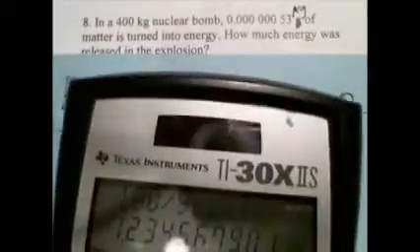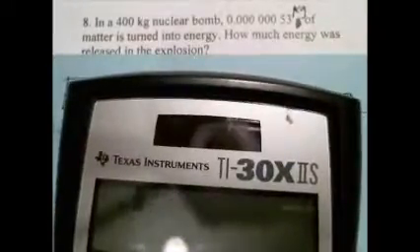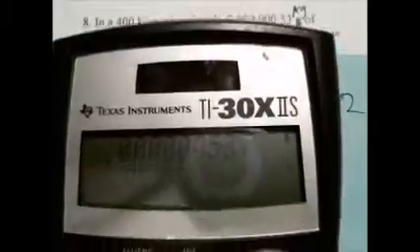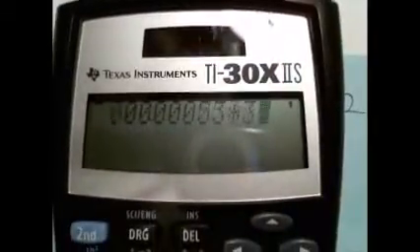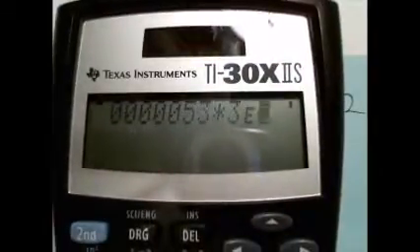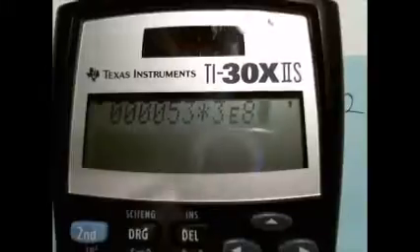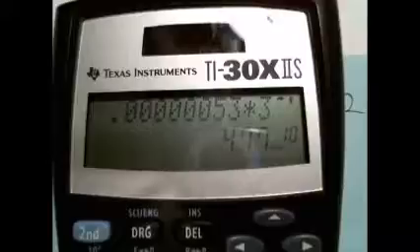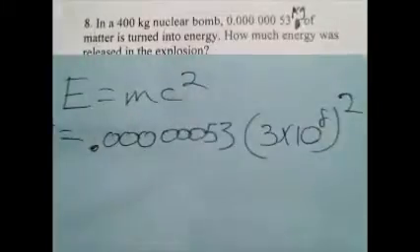So getting out my calculator, 0.0000053 times 3 EE 8, and I square that, equals 4 times 10 to the 10th.